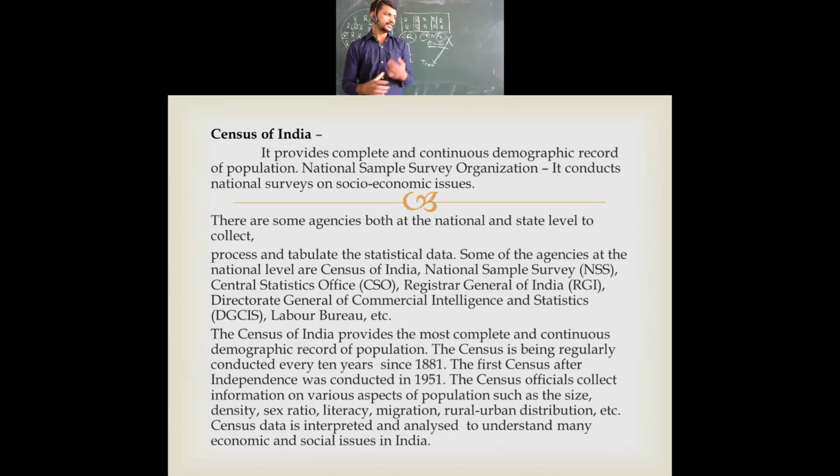Census data is interpreted and analyzed to understand many economic and social issues of India. Now, when we collect this census data, we come to know exactly the total population, social and economic issues, what economic conditions they are having, what social problems they are facing in our India.